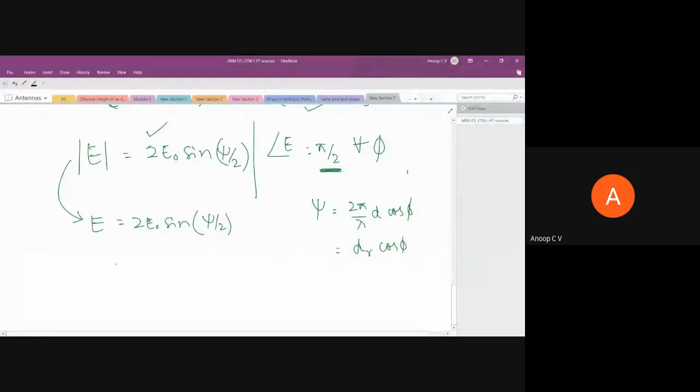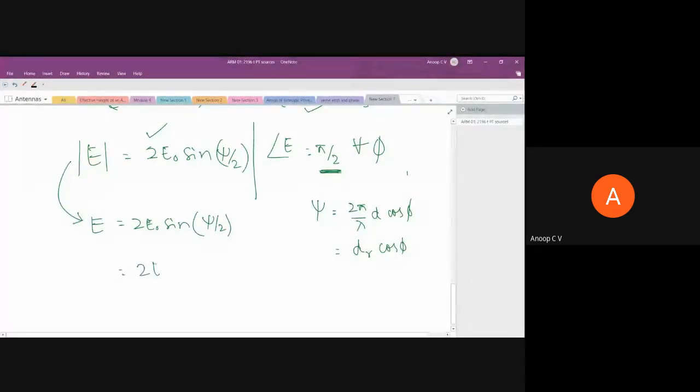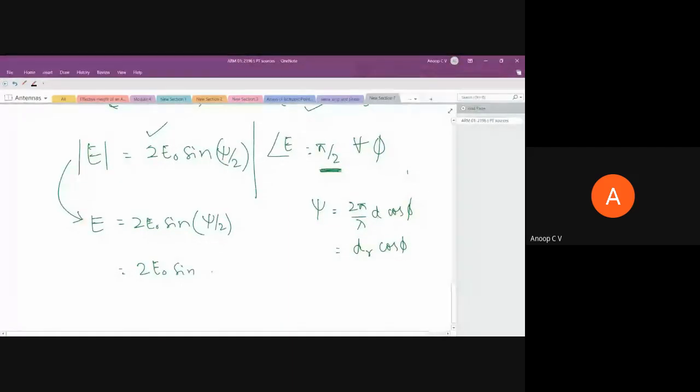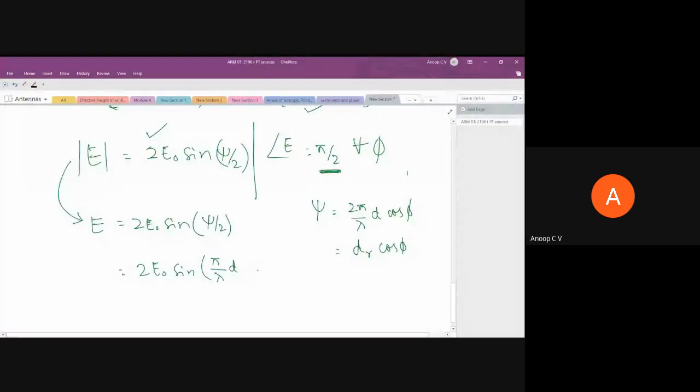So I can write it as 2E naught sine of 2 pi by lambda times d by 2. So it will be pi by lambda times d cos phi.